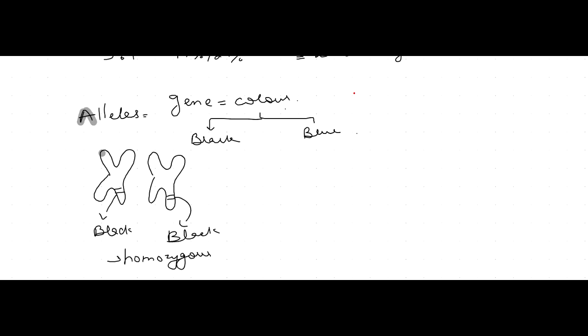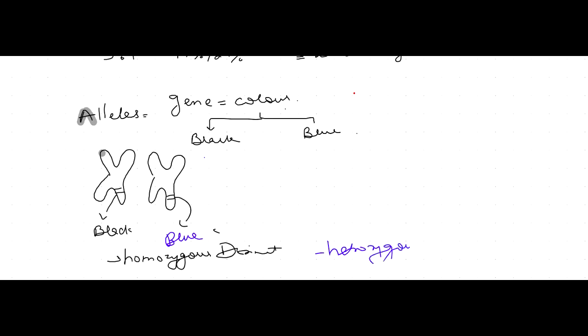Then if the person has one black and one blue, that is known as heterozygous, because the person now has different alleles.